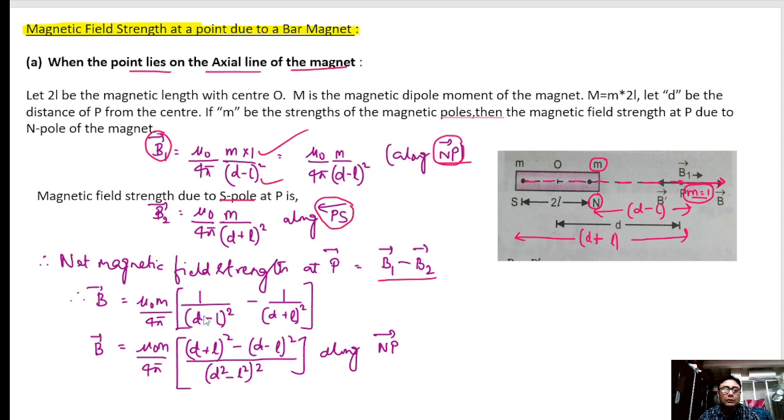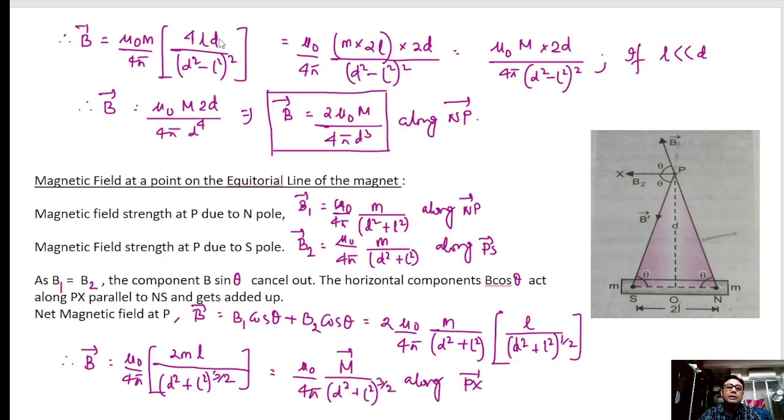So if we do the calculations, you can easily see that ultimately they will give you this part. So 4LD can be written as M into 2L into 2D, and M into 2L is the magnetic moment into 2D.